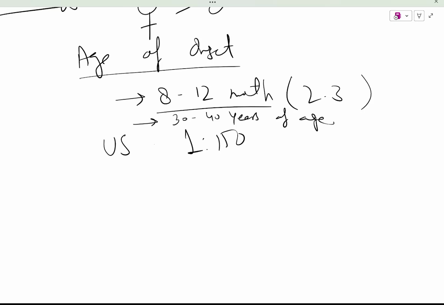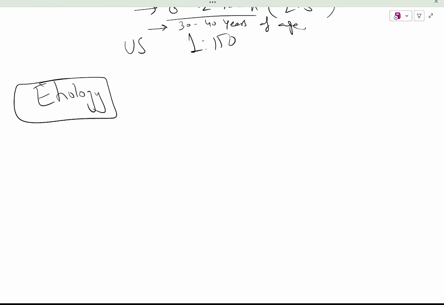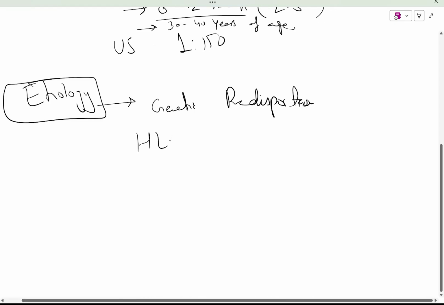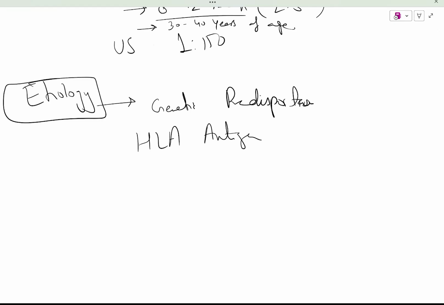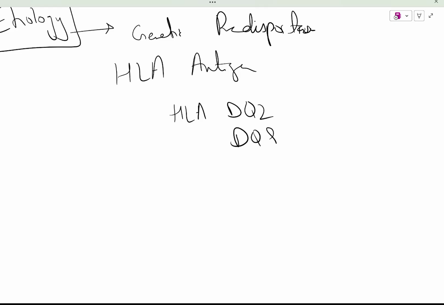So what is the etiology? Causes. There is hypersensitivity, autoimmune, genetic predisposition, and a strong association to HLA antigens. You have to remember HLA DQ2 and DQ8.